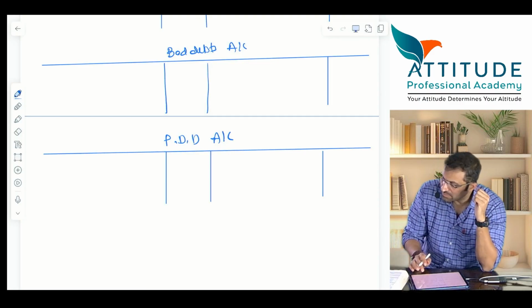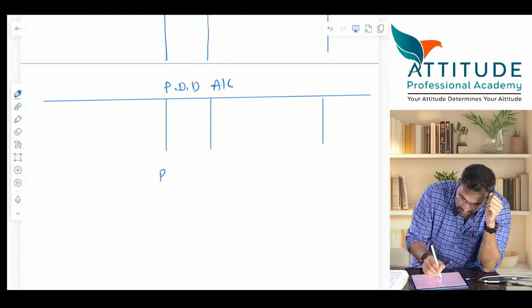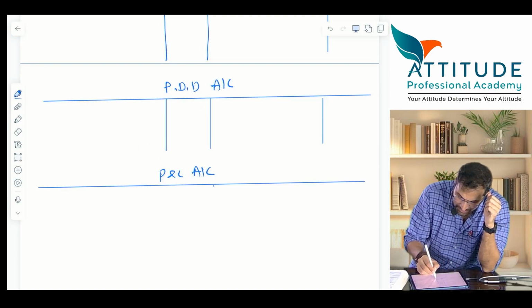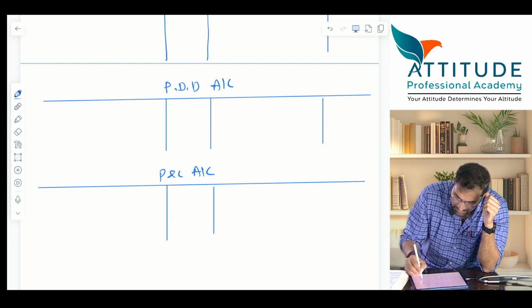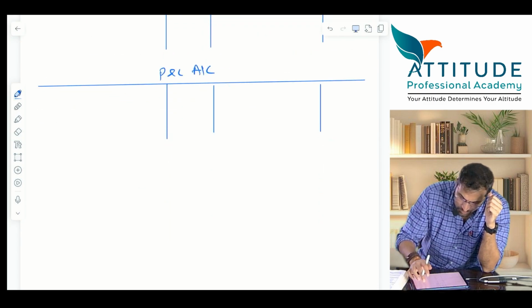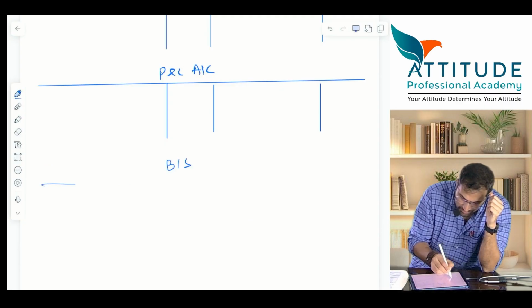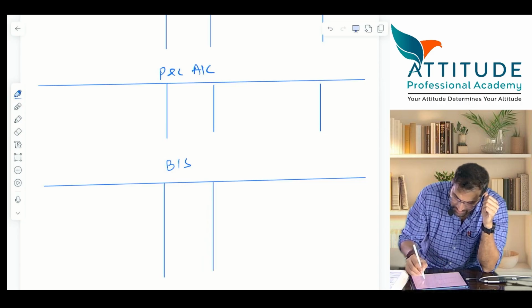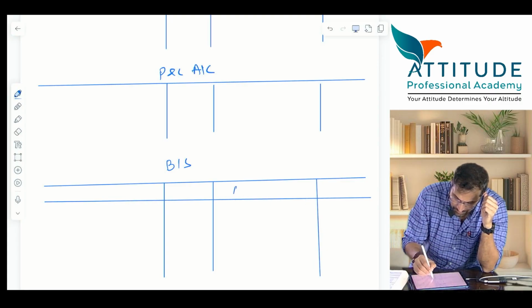Next, P&L account and balance sheet. Profit and loss account extract. This is not the entire P&L account. It is only an extract. P&L account. And then what? Balance sheet. Balance sheet, of course, the asset side is more, because it is all related to debtors. Assets rupees.